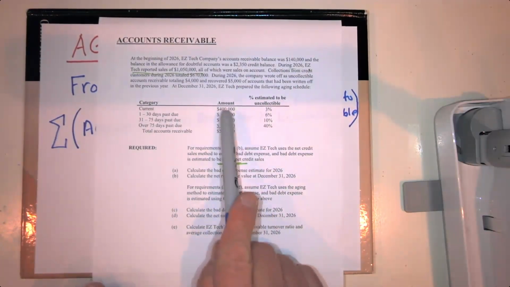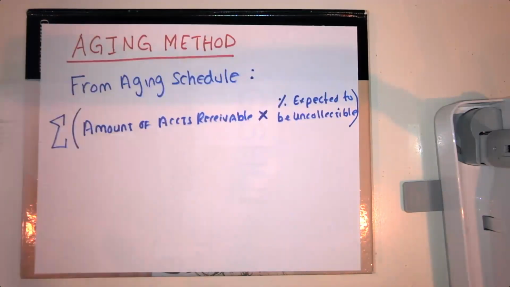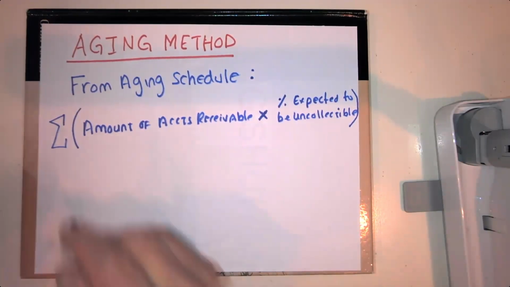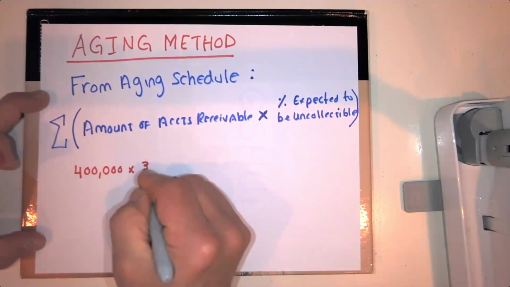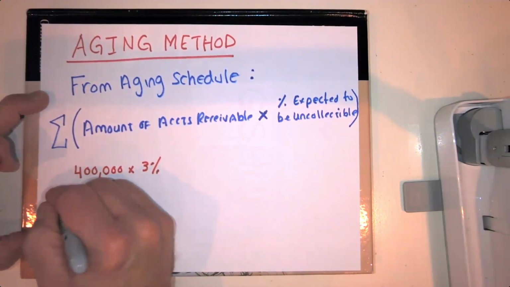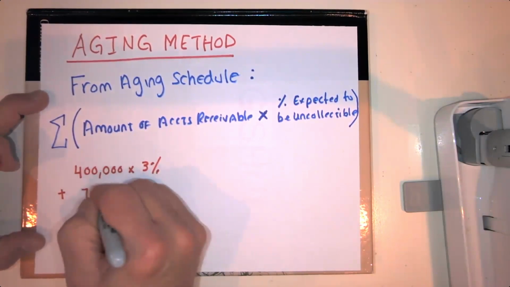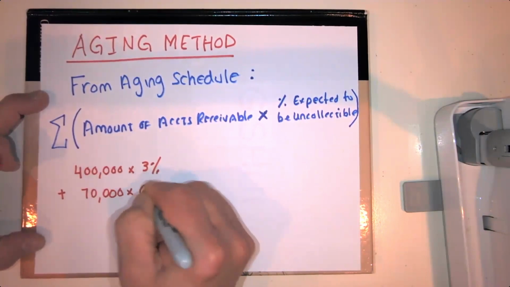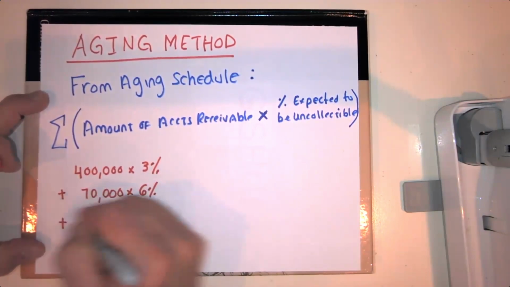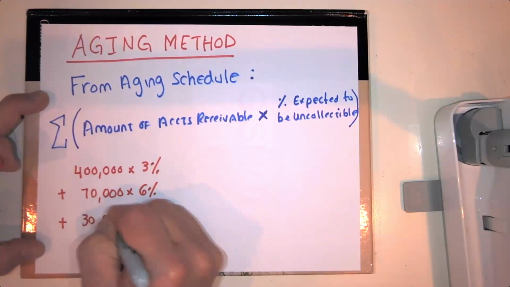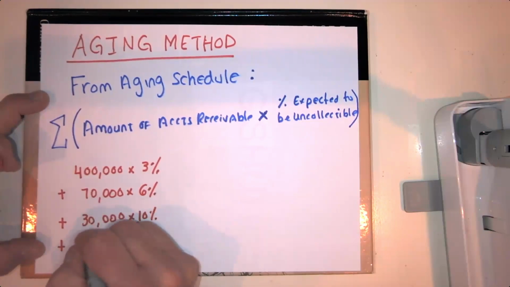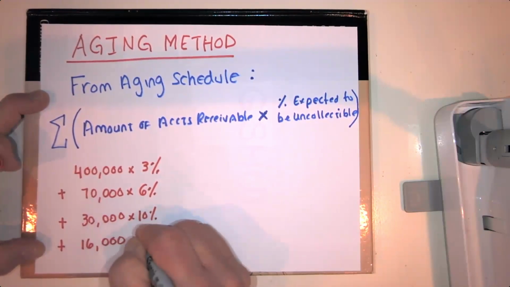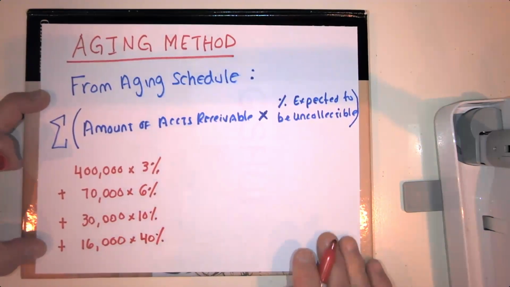So what I'm going to do is take the amount times the percentage for each of these categories. Here's what we got. 400,000 times 3% plus 70,000 times 6% plus 30,000 times 10% plus 16,000 times 40%.